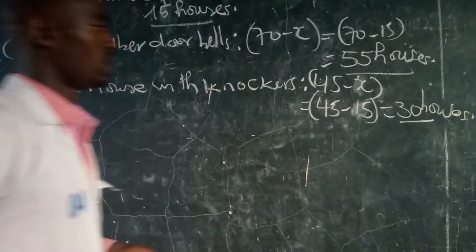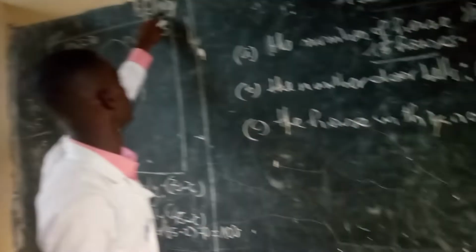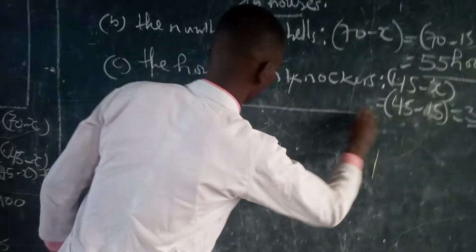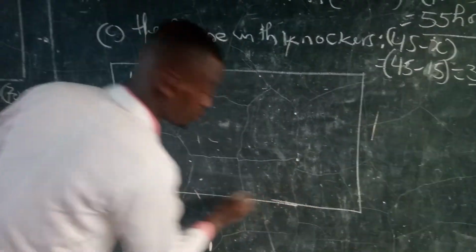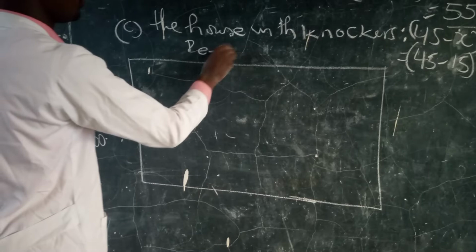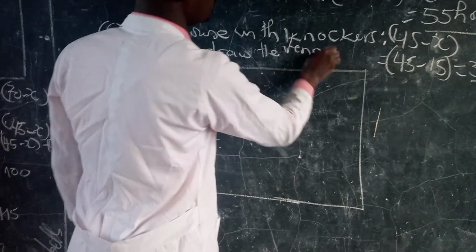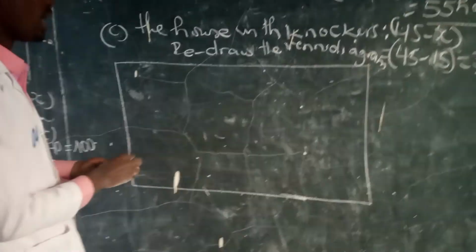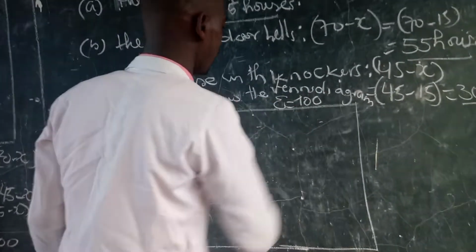Let's prove. We are going to prove by replacing the values we have seen, so that it should be equal to 100. We need to redraw the Venn diagram. Here I told you we use E, which is equal to 100.